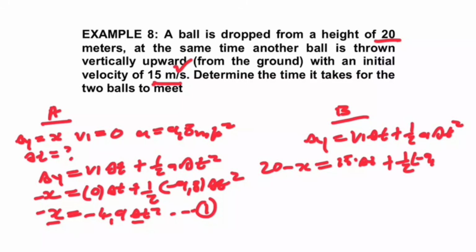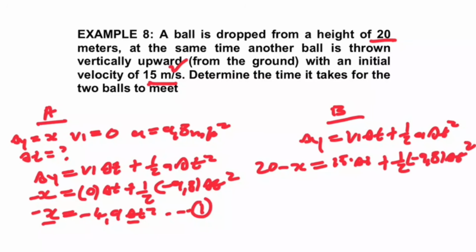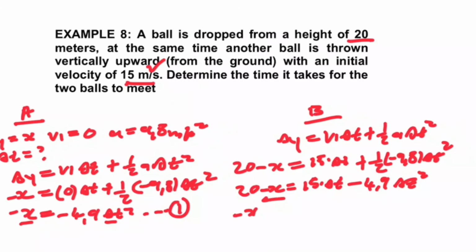The acceleration is minus 9.8 delta t squared. So 20 minus x is equal to 15 multiplied by delta t minus 4.9 delta t squared. If we make minus x the subject of the formula, we're going to have minus x equal to 15 multiplied by the change in time minus 4.9 delta t squared minus 20, equation 2.